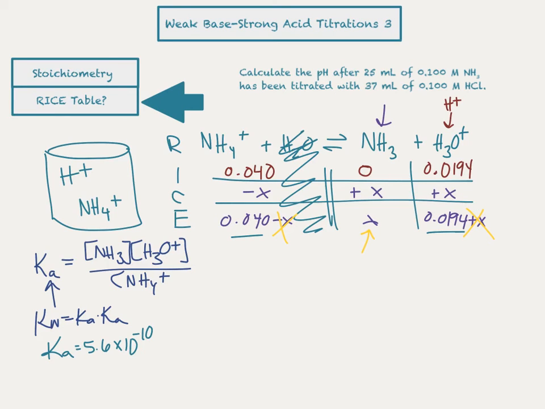Our ammonia is not going to be directly affecting our pH, not like the hydronium ion does, considering it's part of the definition of pH. So all I need to do is just take this concentration of the H plus that I already know and put it inside of a negative log.